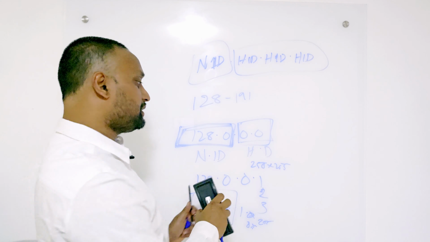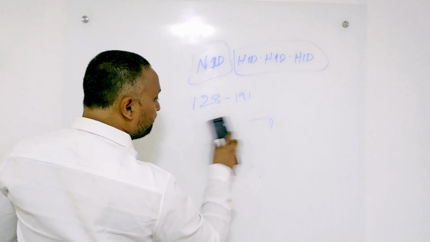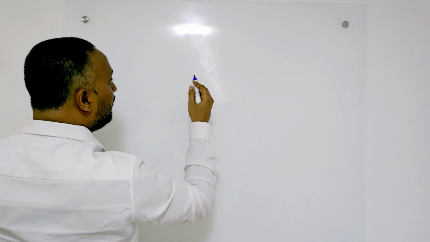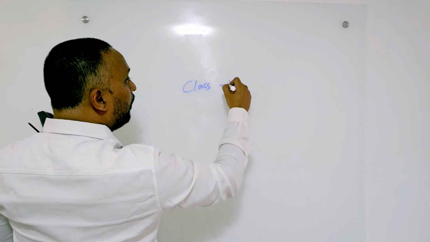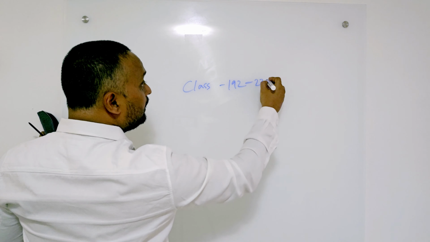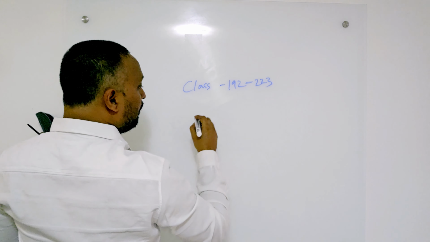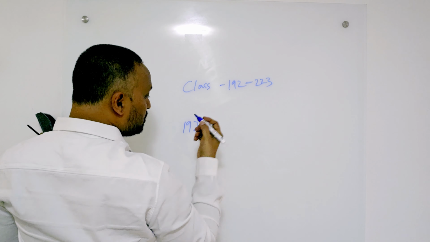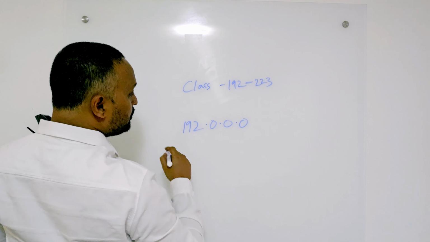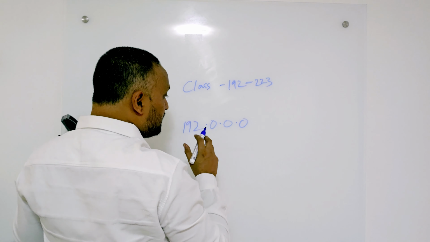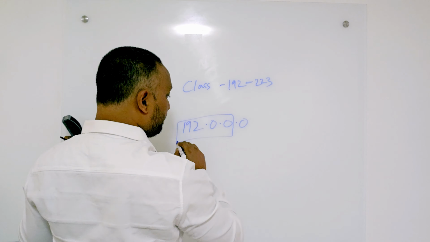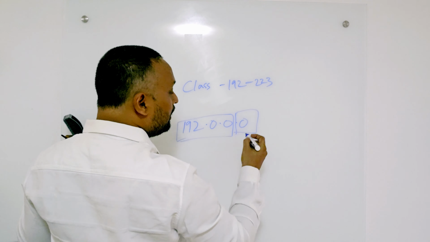And let's see how exactly this happens in class C. So class C starts with 192 to 223. The best example is 192.0.0.0. So the network ID will be the first 3 octets and the host ID will be the last octet.